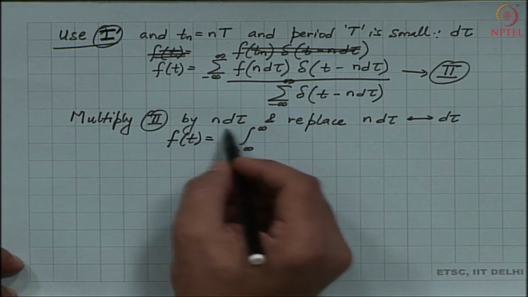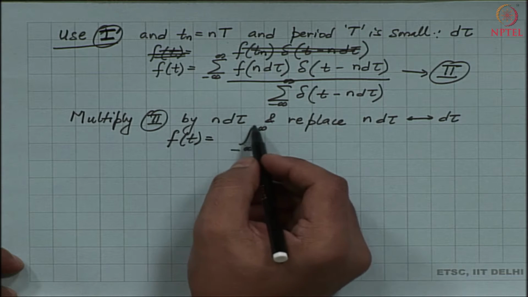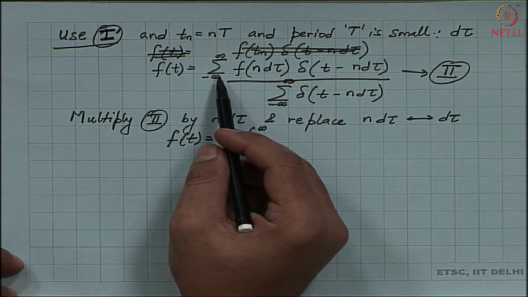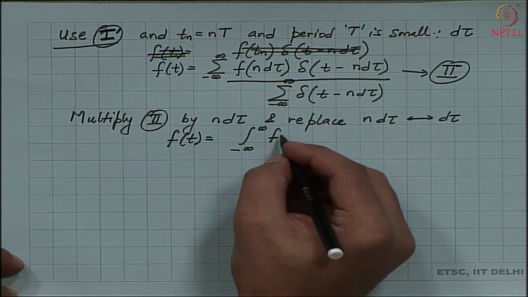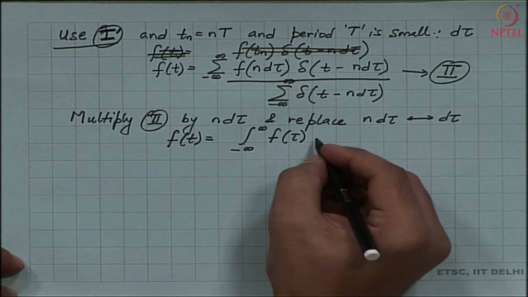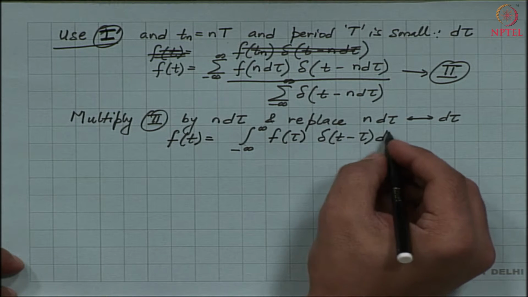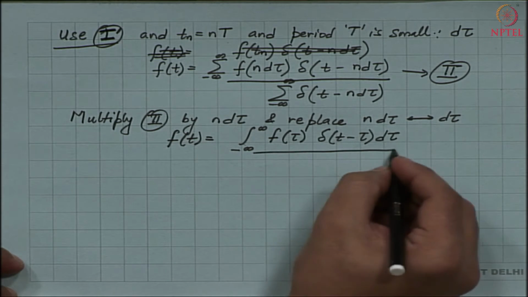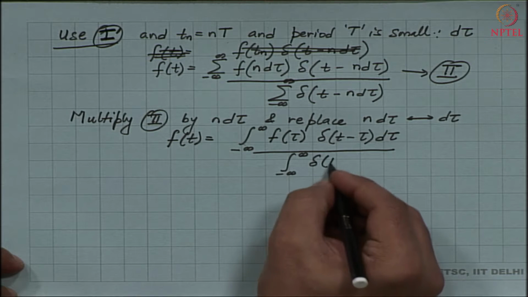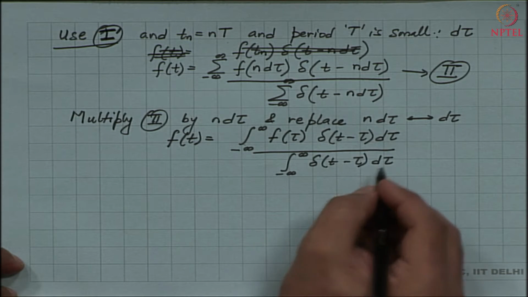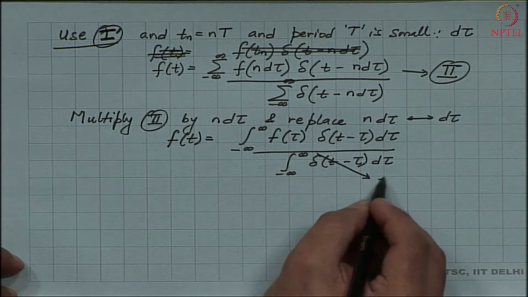I have already made my points of sampling n d tau sufficiently small, so that my summation can be safely changed into an integral, and I get that my function f of t can be written in this integral representation: f of tau delta of t minus tau d tau divided by another integral from negative infinity to infinity of delta of t minus tau d tau, and I know from the property of the delta function that this integral is 1.